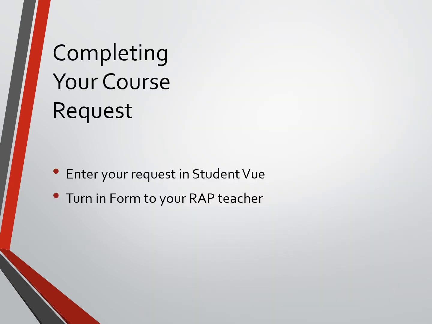After you have completed your form and gotten any necessary teacher initials, review your selections with your parent. Get them to sign your form and then enter your requests online in Student View. Your RAP teacher has a printout of your Student View login information if you do not have it. On the back of the form are instructions to help you.